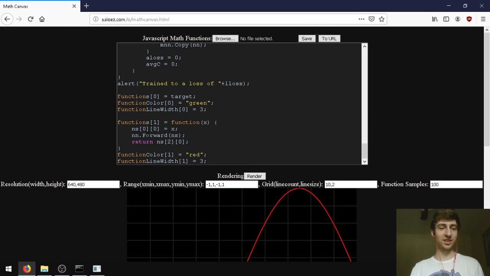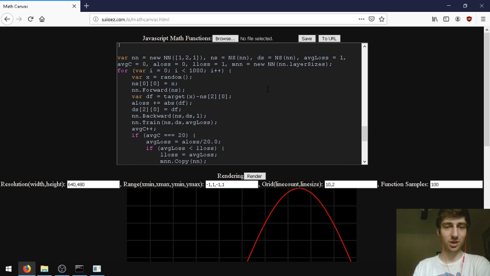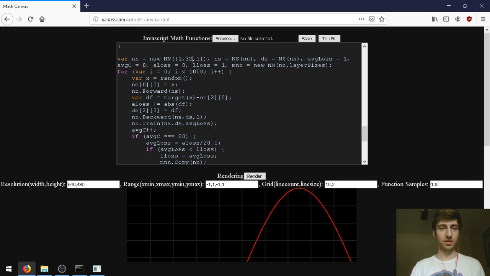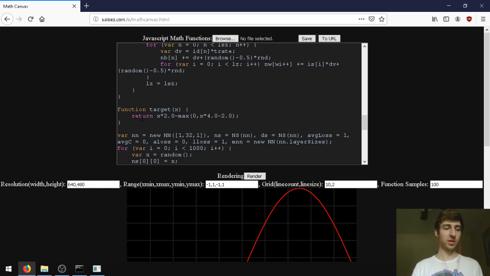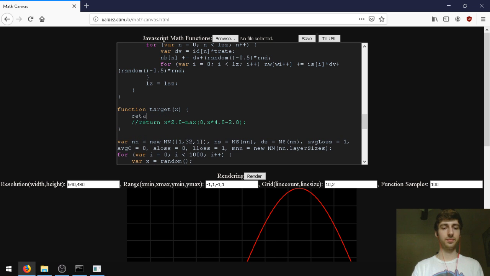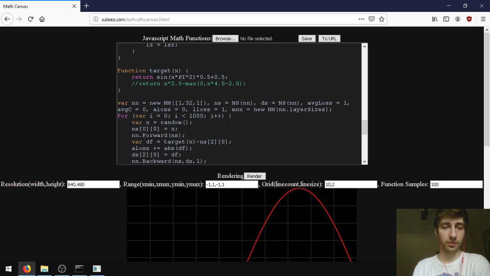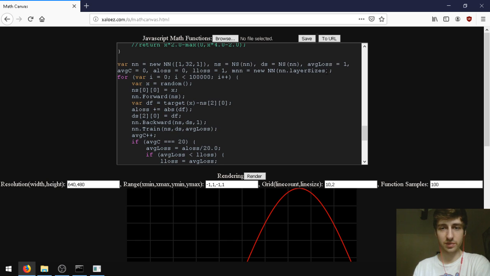So I'm going to need to just reprogram all of that dropout stuff, and I'm going to make use of this save button. All right, so I'm going to do a sine wave, just like before. I'll do 100,000 training steps.